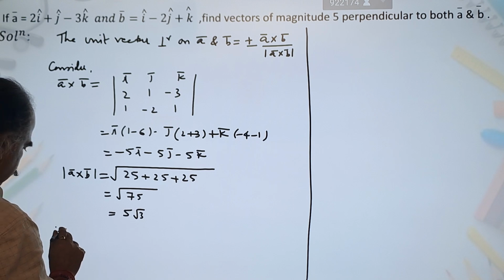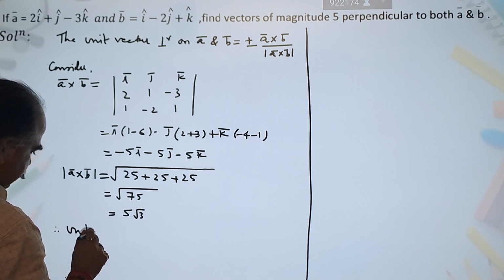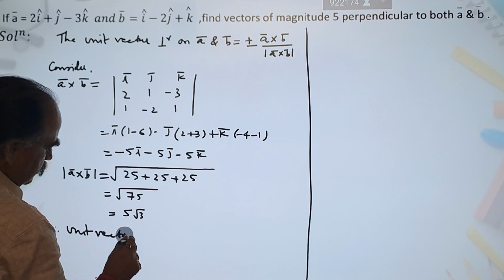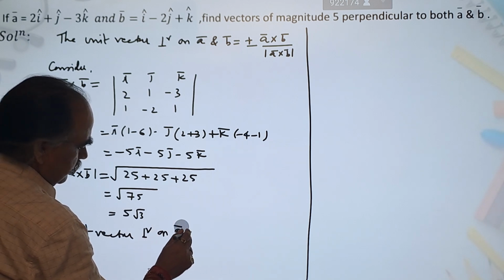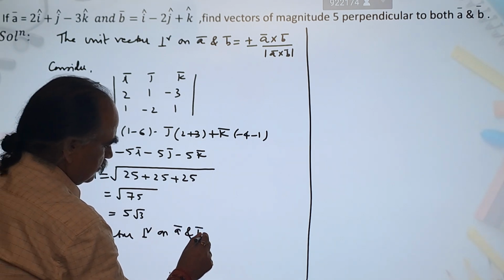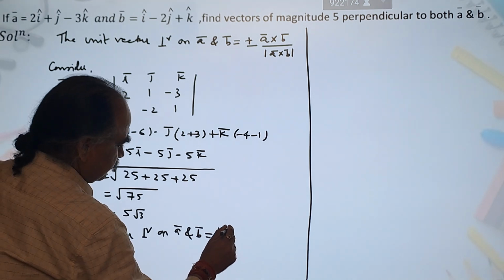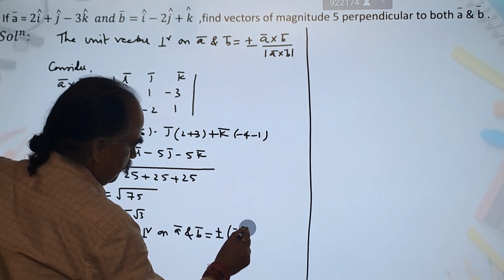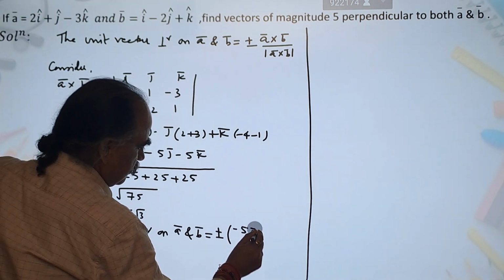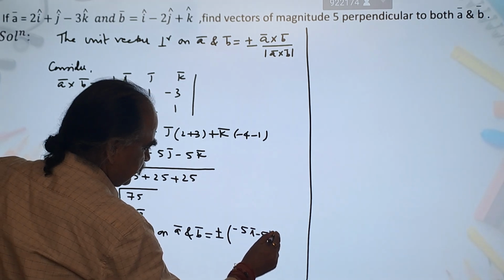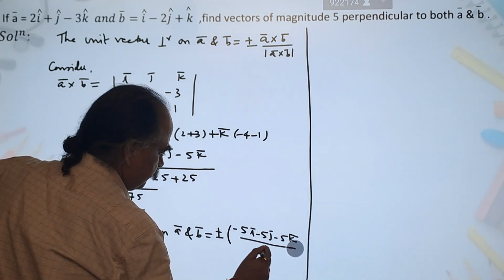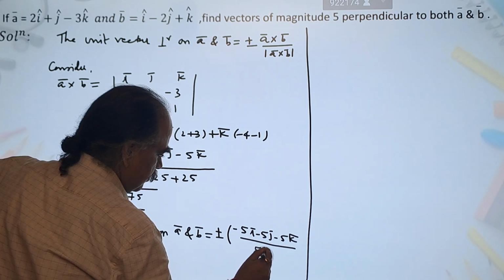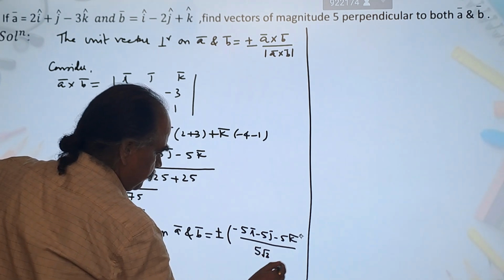Therefore, the unit vector perpendicular on A bar and B bar is plus minus minus 5i minus 5j minus 5k upon 5 root 3.